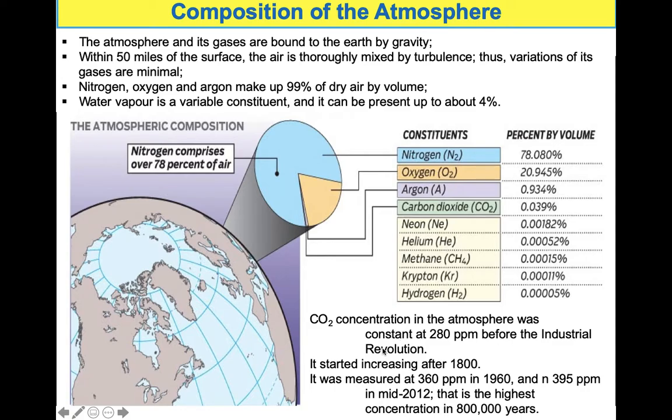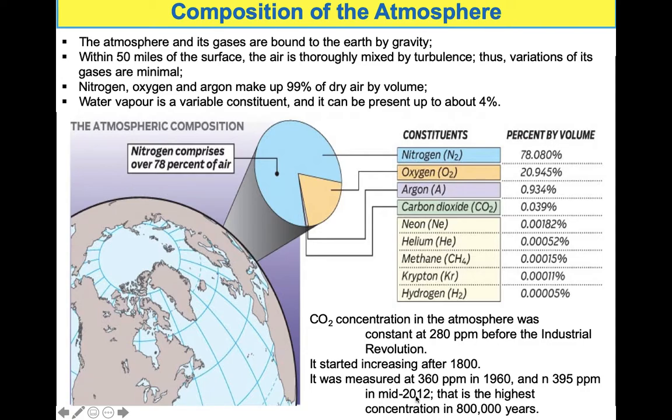And before the Industrial Revolution, the carbon dioxide concentration in the atmosphere was about 280 ppm, and then started increasing because of the anthropogenic effects. About 1960 it was measured at 360 parts per million, and then went up to 395 ppm in mid-2012.